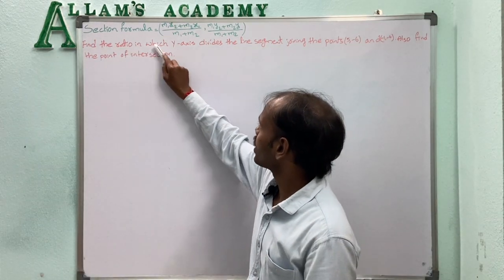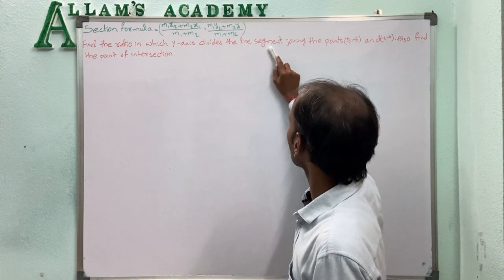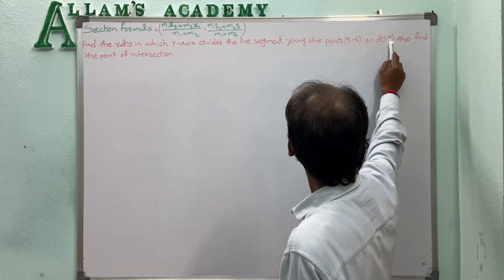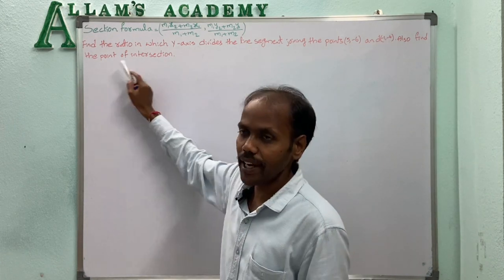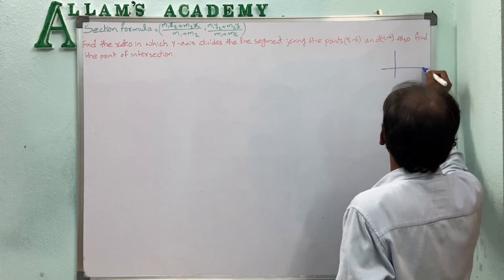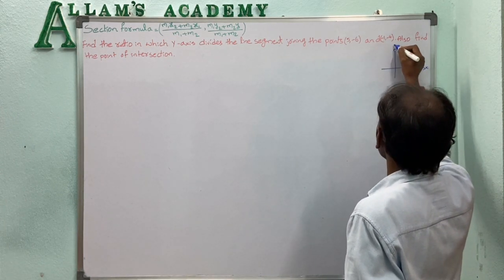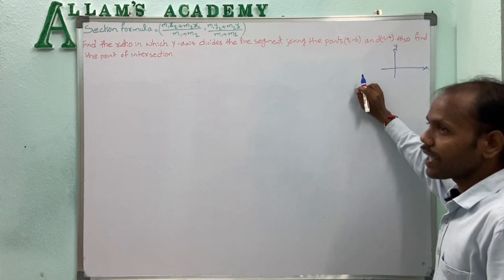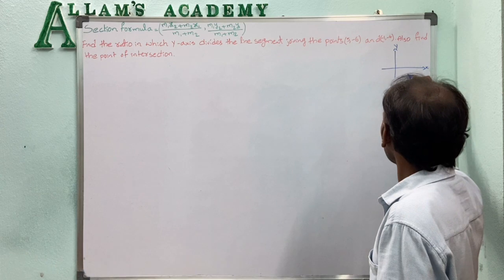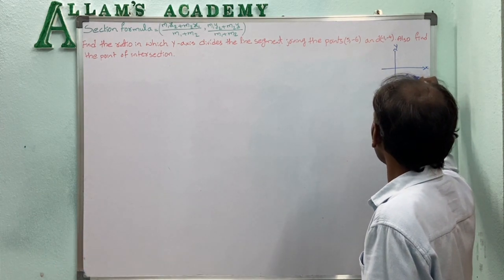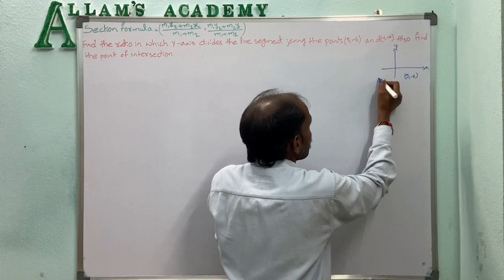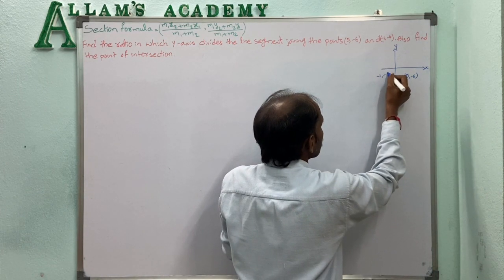Find the ratio in which the y axis divides the line segment joining the points 5 comma minus 6 and minus 1 comma minus 4. Also find the point of intersection. Same as before, only the problem is different. So if we observe the points, 5 comma minus 6 is located in the fourth quadrant and minus 1 comma minus 4 is in the third quadrant.